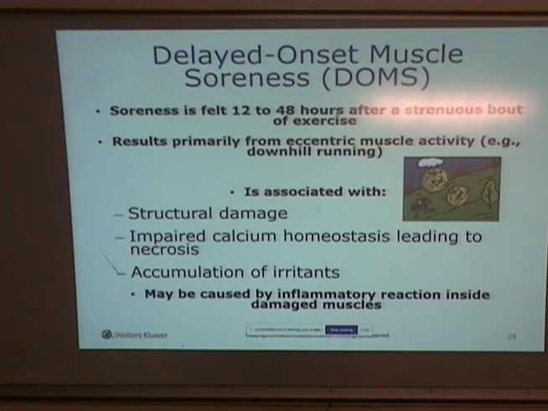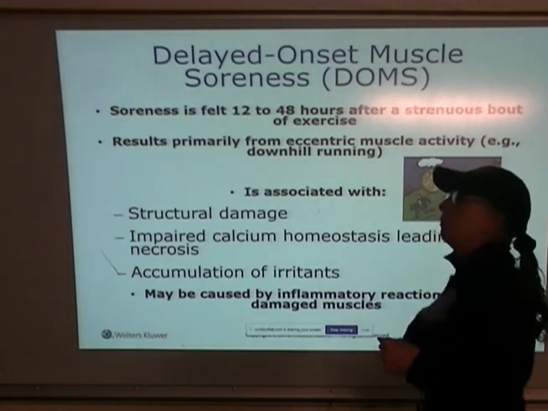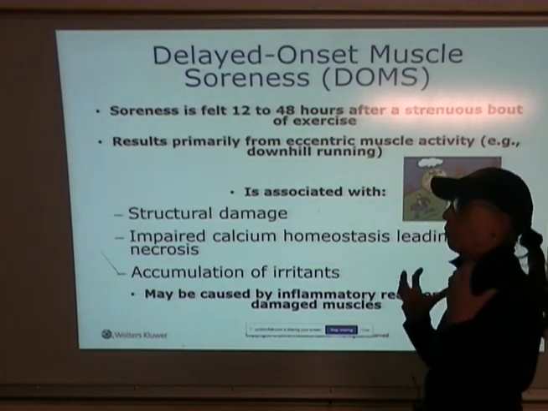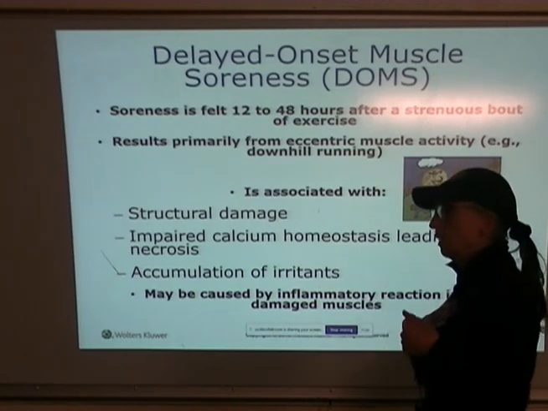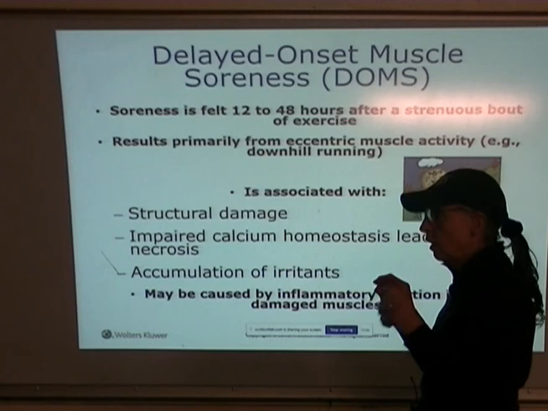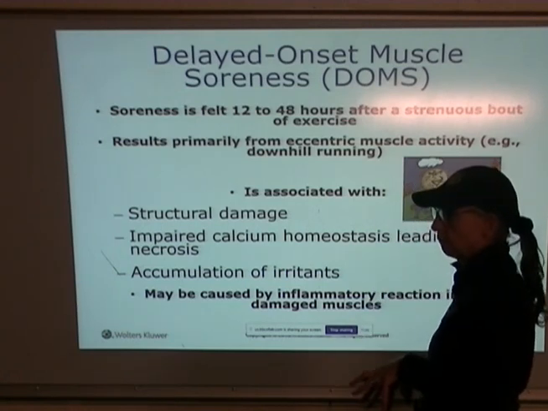So running downhill is going to make you much more sore than running up the hill. Okay? So when you're doing hills or stairs, right, going up makes your cardiovascular system work really, really hard. And so the up phase is really good for your fitness level, and the down phase is really, really good for strengthening.